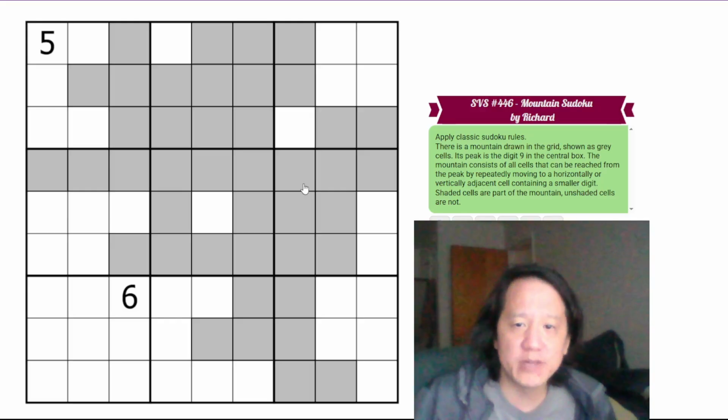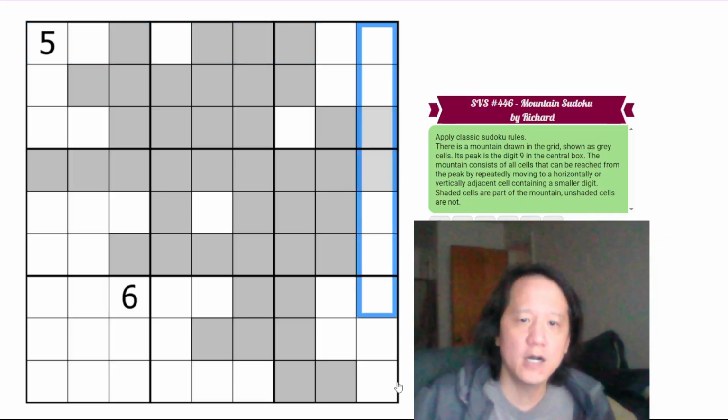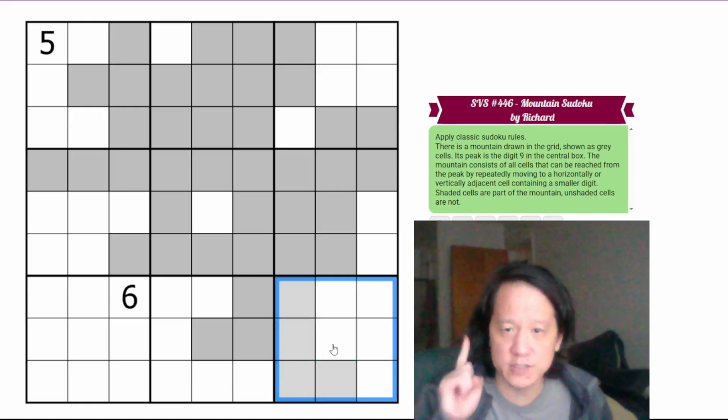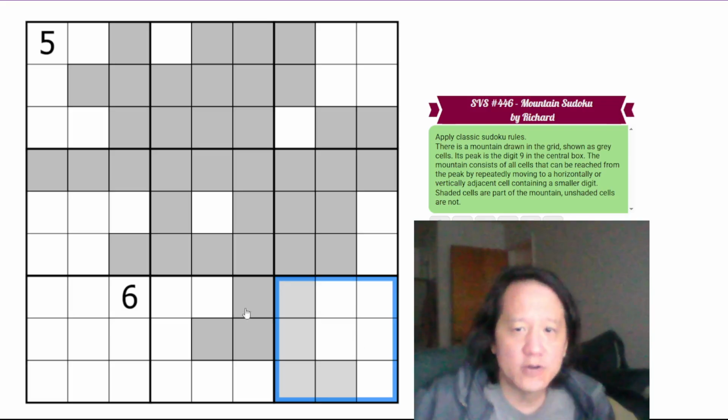We need to apply classic Sudoku rules, where in every cell in the grid, place a single digit such that every row, column, and designated 9-cell region contains the digits 1 through 9 exactly once each. There is a mountain drawn in the grid, shown as gray cells.